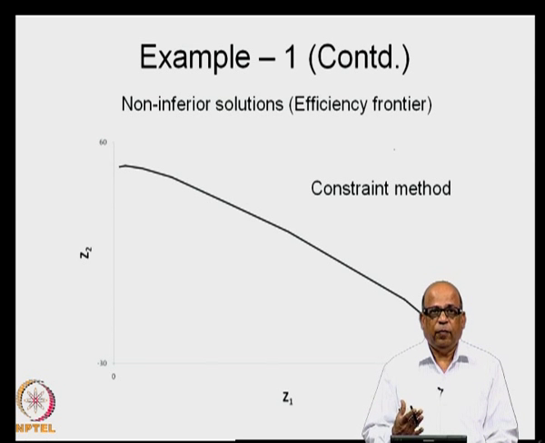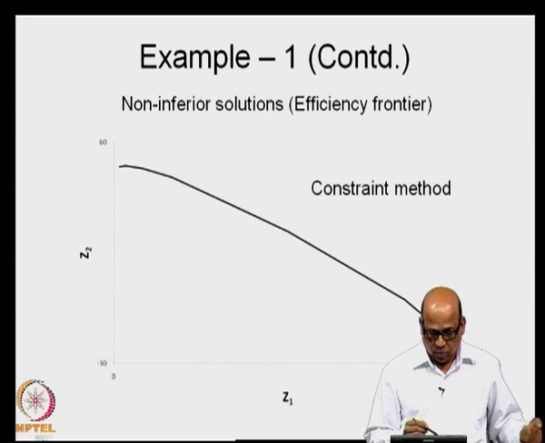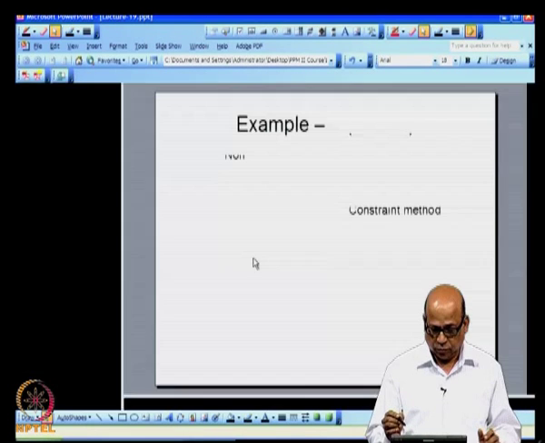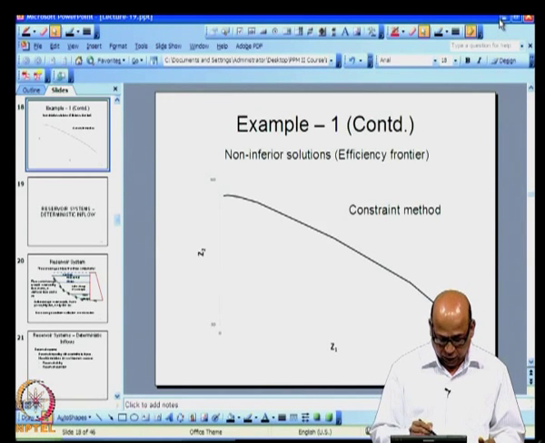Now, there are other ways of screening out the alternatives. For example, we may have goal programming. In goal programming, what we do is set targets for each of the objective functions.